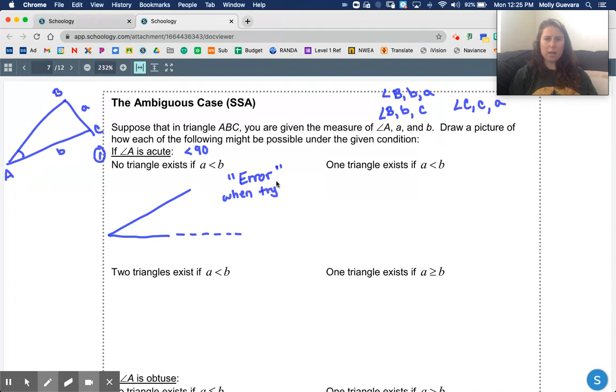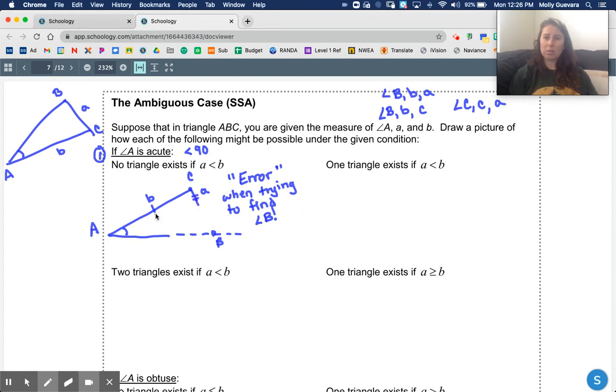You'll get an error when trying to find angle B, because no triangle exists. So this is angle A, and let's call this B, and this is C. No triangle exists here because side A and side B are different lengths.